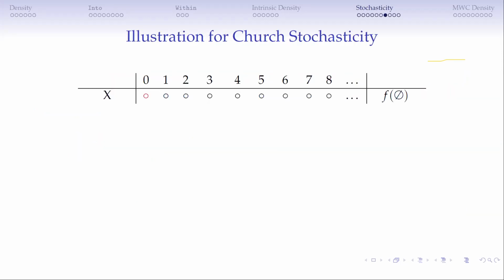Okay, so let's look at a picture of what's going on here with Church stochasticity, just to get a better feel for it. So we start and we have just blank spaces here. All the coins are under cups, so we don't know what they are. So this represents f of the empty string. And it's saying, this pink circle here, I have no information, so I don't want to take it. I didn't select this first coin of x.